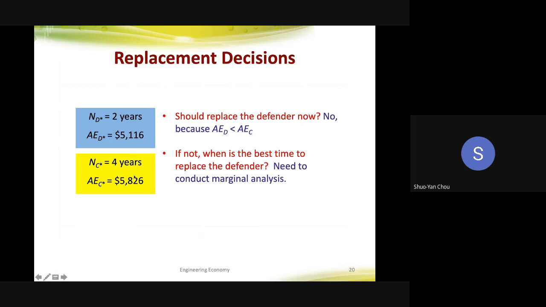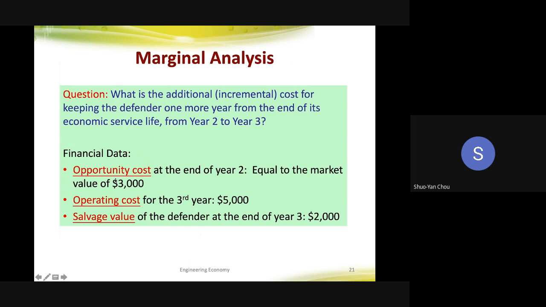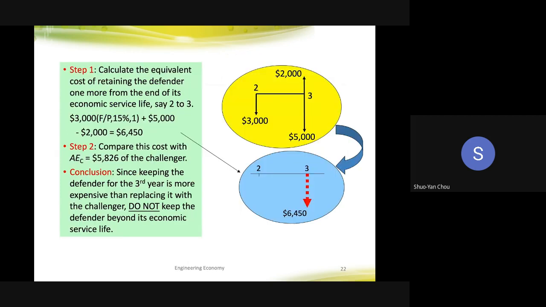That's with this Challenger, so this is the marginal analysis. Again, these costs are just created to serve the purpose; they appeared out of nowhere. Don't worry about this. When you do the analysis, you should gather these data and make sure they are correct so that you can utilize them in the analysis.